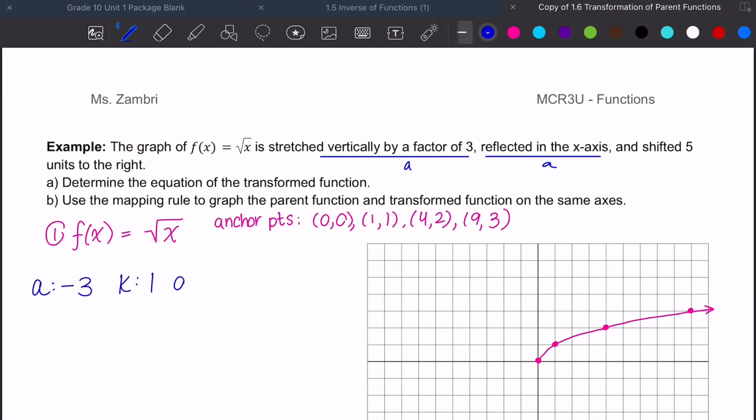And then it tells me that I'm shifting 5 units to the right, friends, in case this is confusing. So 5 units to the right means we're going to use +5. And then C, if we are not shifting up or down, C is just 0. We only use a placeholder of 1 if it's A or K.